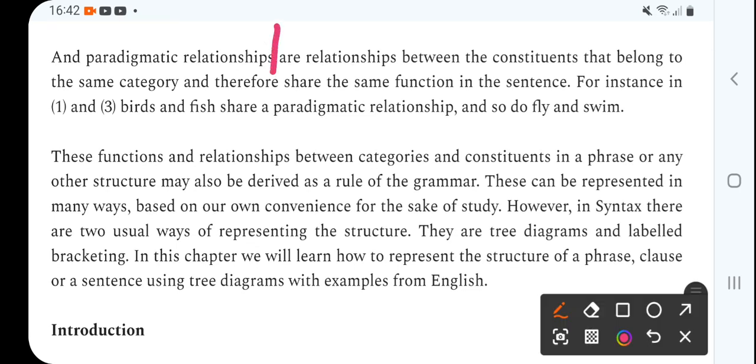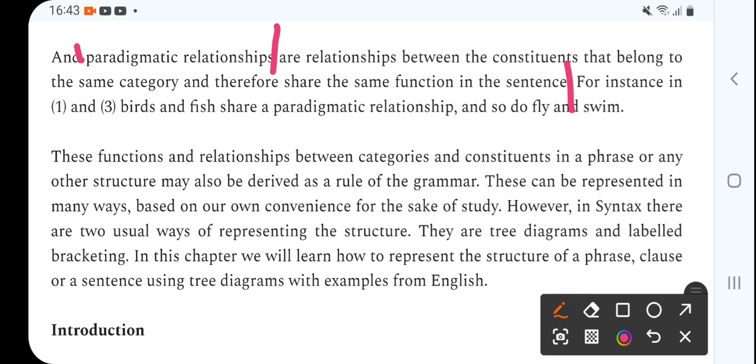Now the paradigmatic relationships. Paradigmatic relationships are relationships between constituents that belong to the same category and therefore share the same function in the sentence. For example, in the first and third, birds and fish have a paradigmatic relationship, and so do fly and swim.